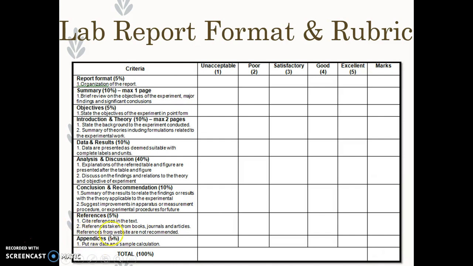So in the appendix, you have to put the raw data and also the sample calculation in the lab report. And in order for you to get high marks, you should fulfill all of these criteria accordingly.